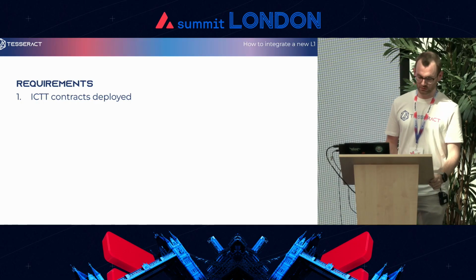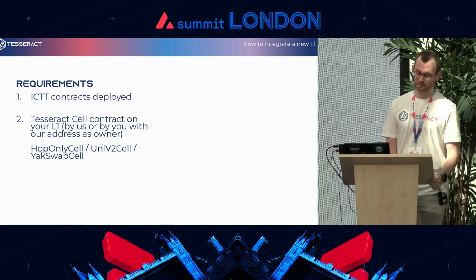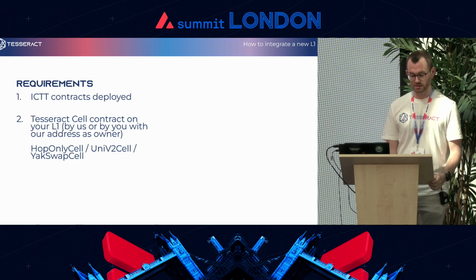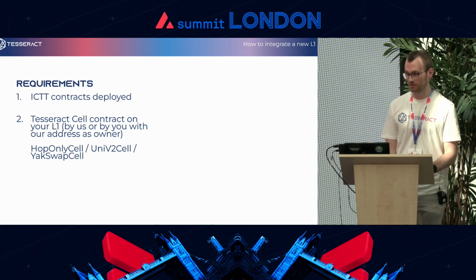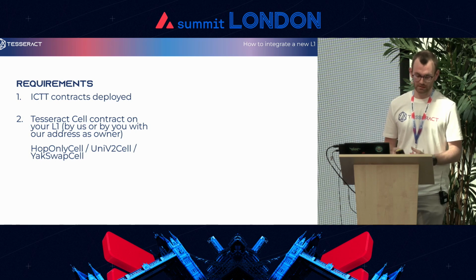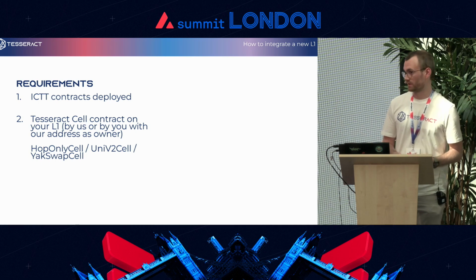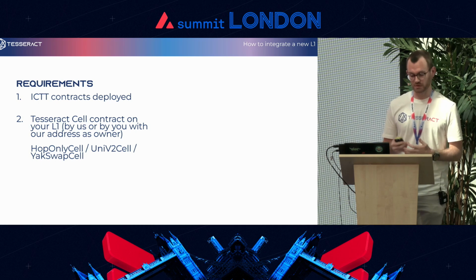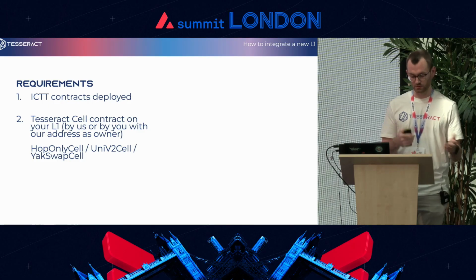Then once you've got your ICTT contracts deployed, all you need for Tesseract to work is for us to deploy one of our cell contracts on the L1, or you can deploy it yourself and make us the owner. Either way is fine. And which contract you should deploy depends on whether you've got no DEXs on your L1, in which case it's just hop only. If you have a very basic DEX, like a UniV2 fork, then we can use our UniV2 cell.